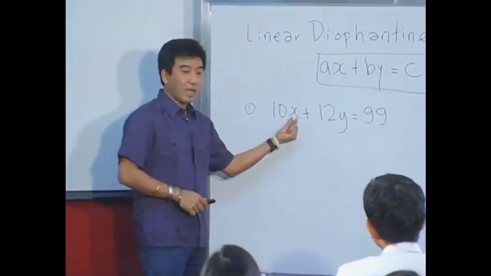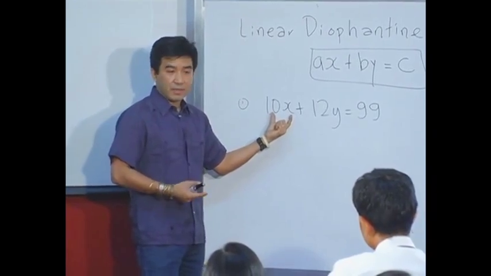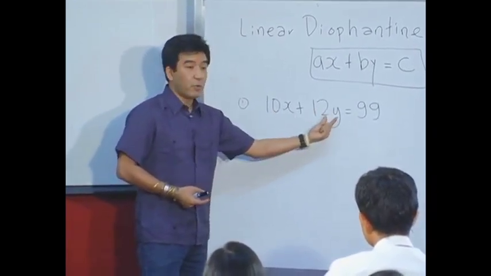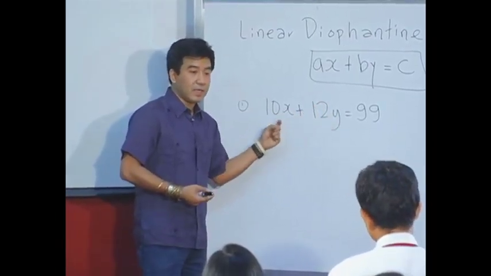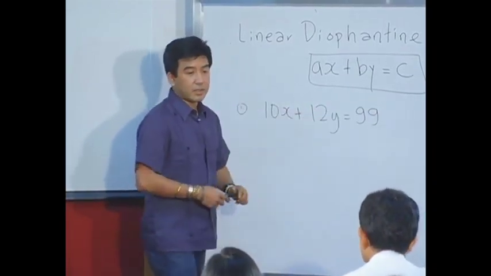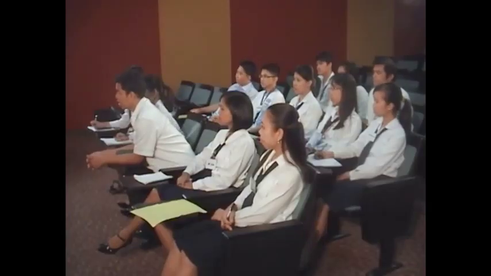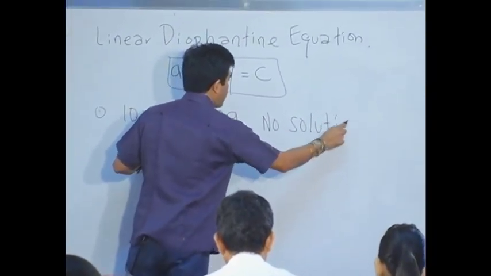Because notice that whatever x we have, 10x would always be even, right? Whatever y we choose, 12y is always even. Even plus even is always even. It can never be odd. So we know that there is no solution.